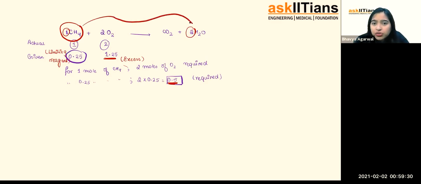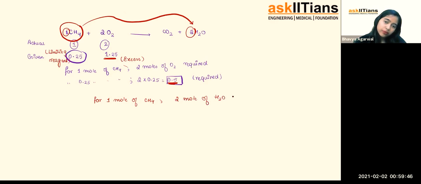So for 1 mole of methane, the amount of water produced is 2 moles, right?